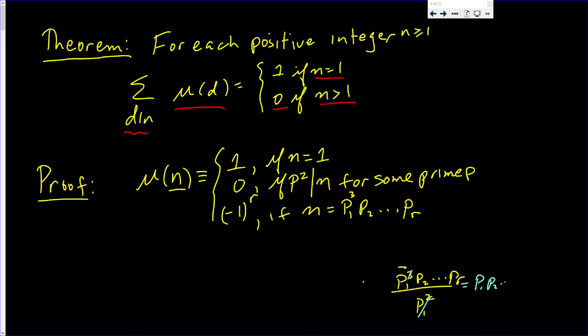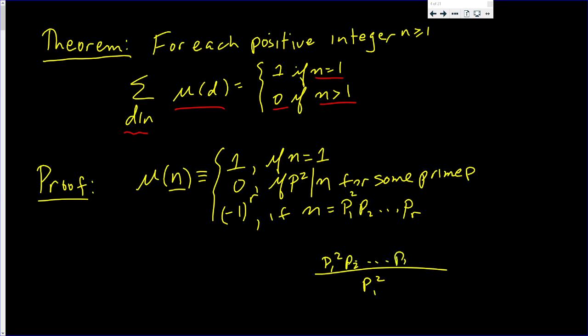So, it did go in. If the power is 2, then it would go in 1 time. That is, if this were p1 squared, then that prime squared goes into this many times, p2 times p3 up to pr. Whenever that happens, mu of n is 0.